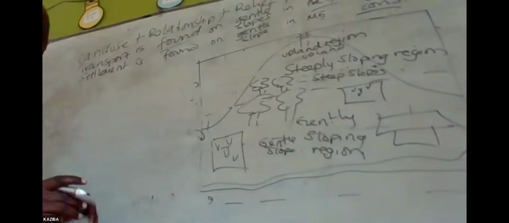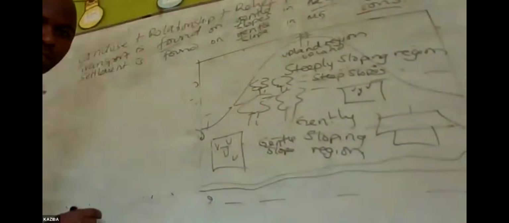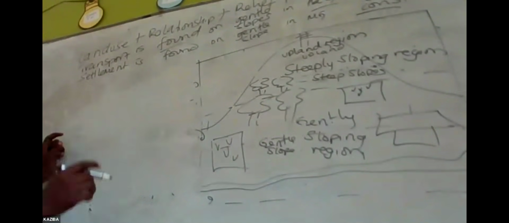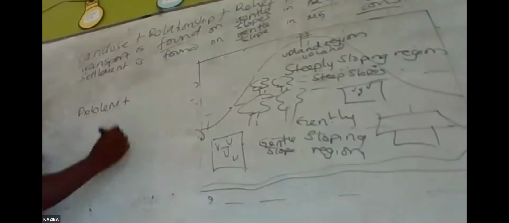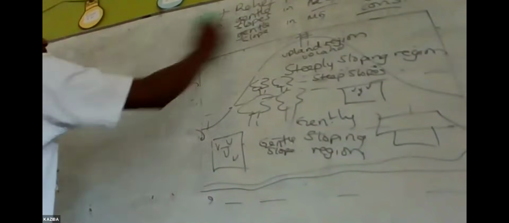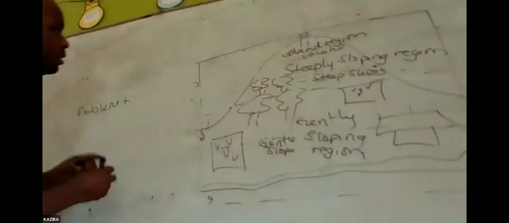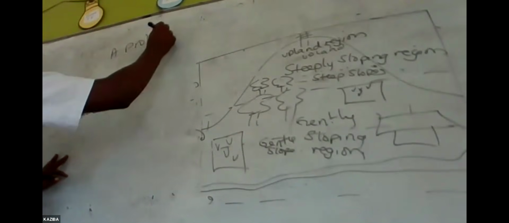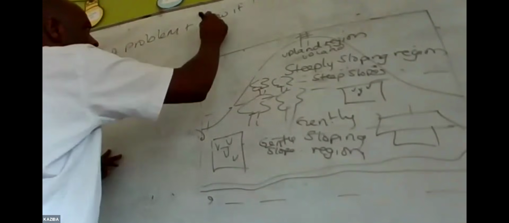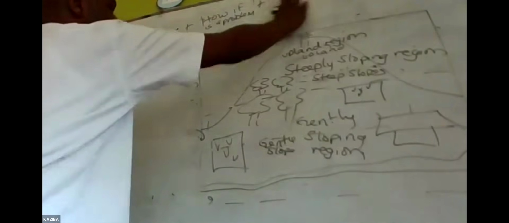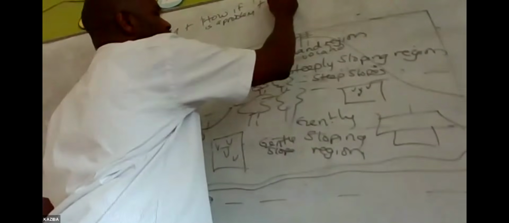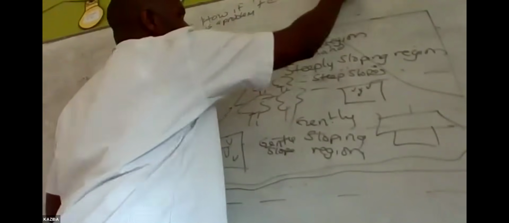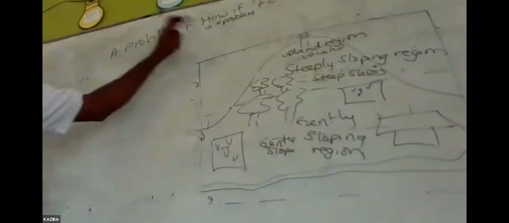The formula is, you begin by writing the problem, plus how it is a problem, plus evidence, plus ground. So a problem, how it is a problem, plus evidence plus ground.